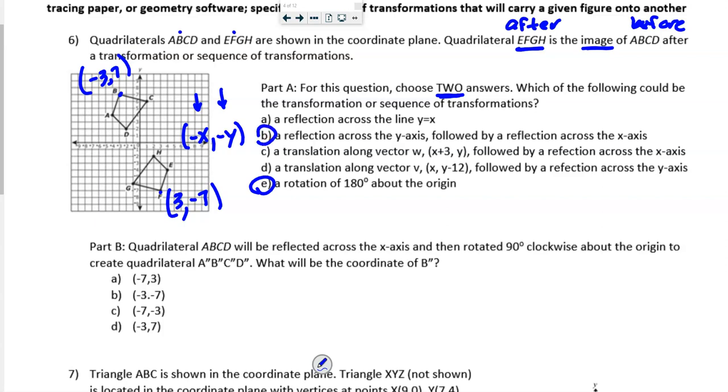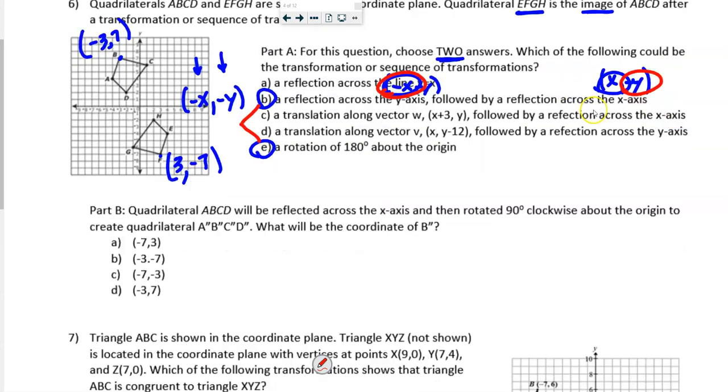So notice point B here, a reflection across the y-axis would be negative x comma y, and then a reflection across the x-axis would be x comma negative y. So notice if we put these two changes together, we get what we just had. This and this, we get negative x, negative y, right? So these are connected.